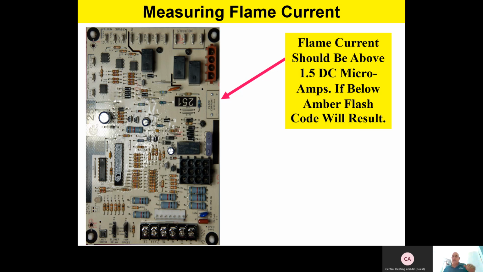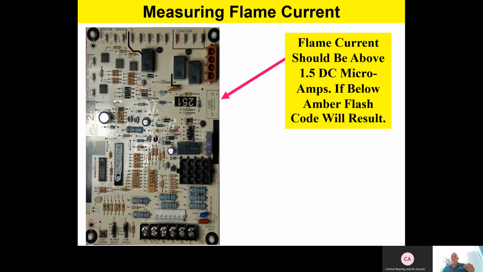Typical flame current should be about 3.5 to 4, and that's assuming you have a clean flame sensor and a good solid ground to the furnace.